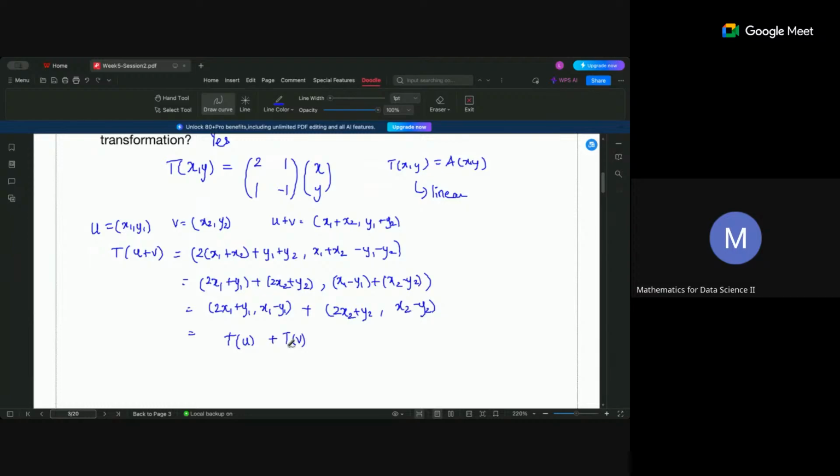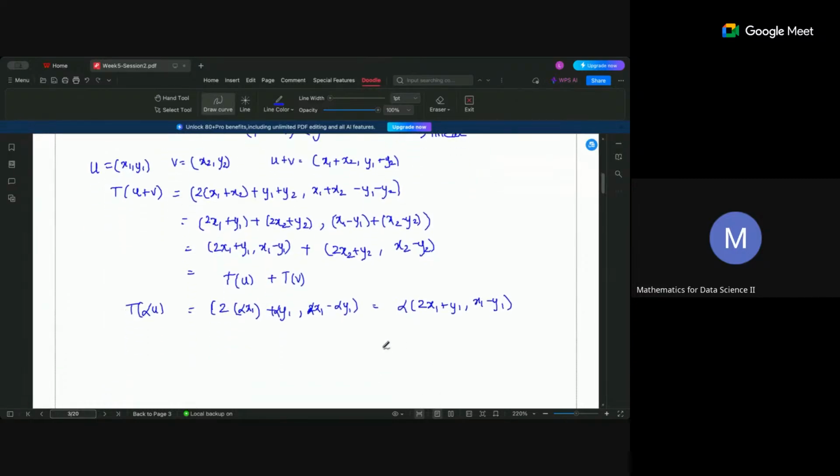Clear? Yes, ma'am. The same thing you can do for scalar multiplication. You have (2 alpha x1 plus alpha y1, alpha x1 minus alpha y1). Alpha is common from all the terms, so you can take it out. You get alpha times (2x1 plus y1, x1 minus y1), which is alpha times T of u. So T is linear.